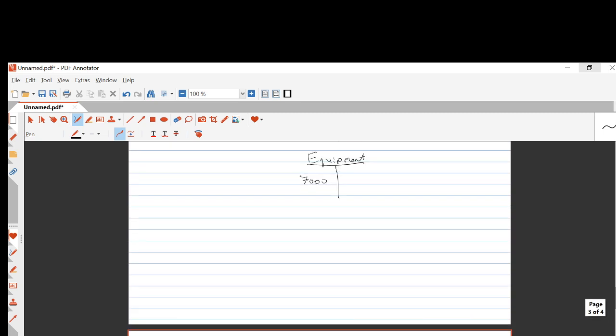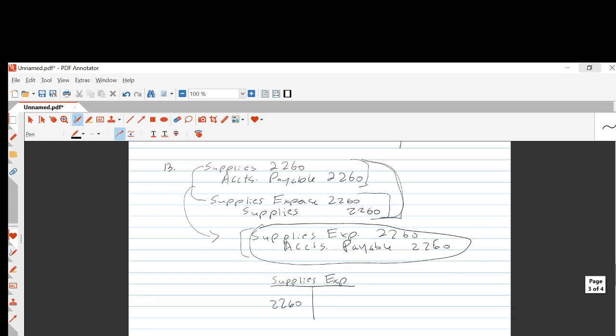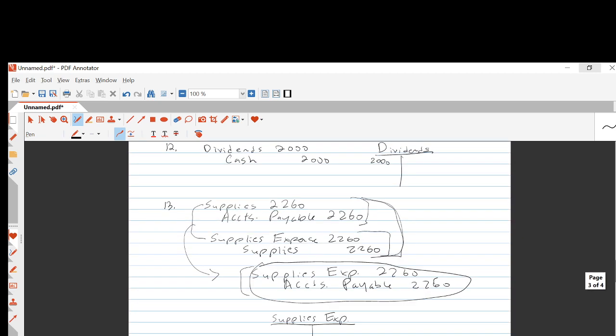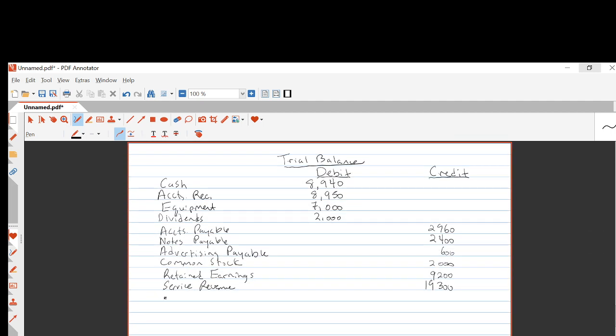And then our expenses. We have supplies expense, utilities expense. So I'll just write those here. Supplies expense, and there's 2,260 in it. Utilities expense. Advertising expense. Wait, salaries expense, if you recall.